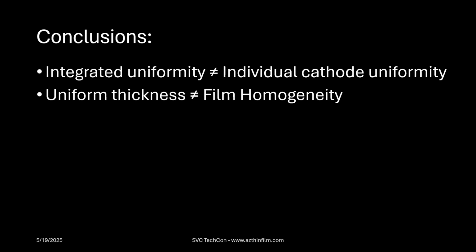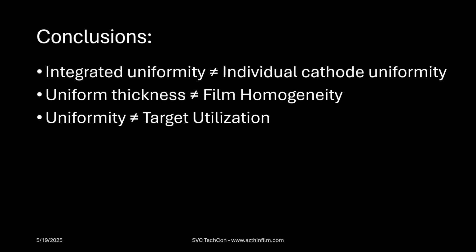The uniform thickness does not equal film homogeneity. So, as we just discussed about the change in the reactive process from one target to the other, as we're trying to control it, say, from a central gas manifold between the two cathodes, you're not going to be able to compensate for the tilt in the deposition profile from one cathode to the other.